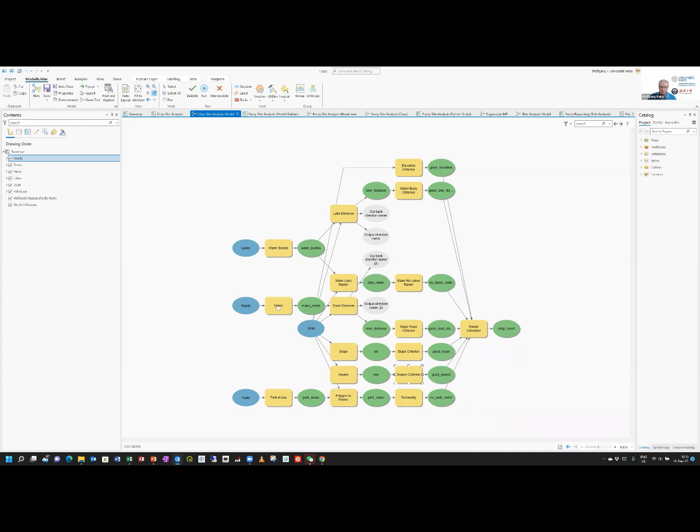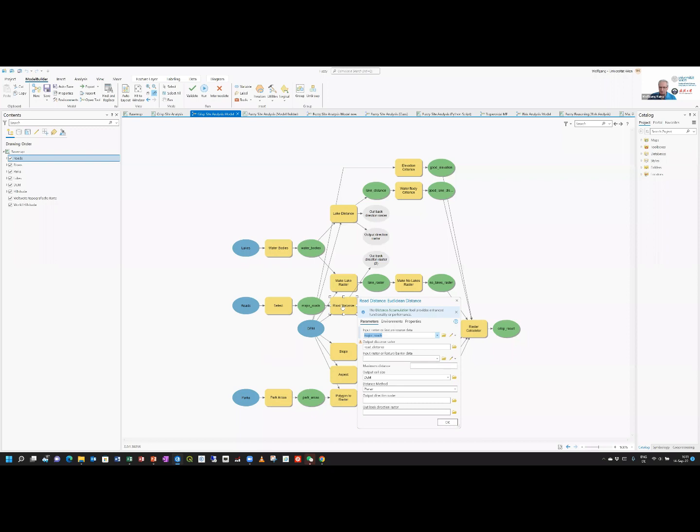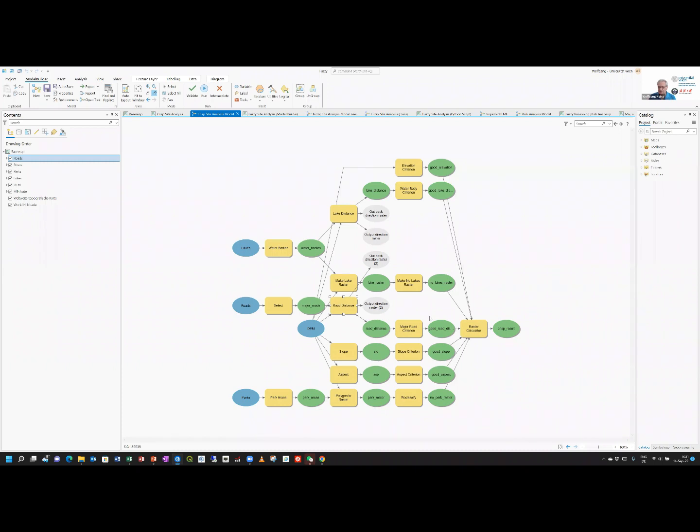We have the roads. So we have to select some major roads here. These are the major roads: the State Road 119, 793, and the US Interstate Road 36. This would be our major roads. Then from the roads, we calculate a distance raster, meaning we get a raster where every raster cell shows us the distance in meters from the road.